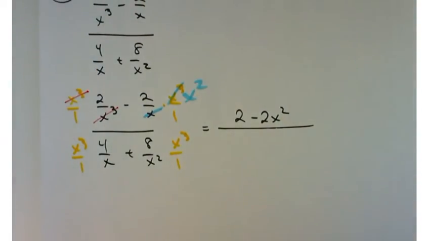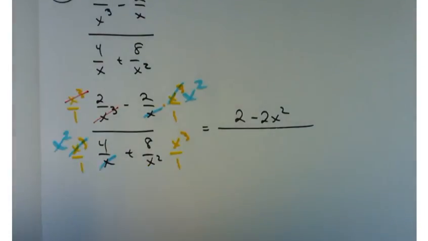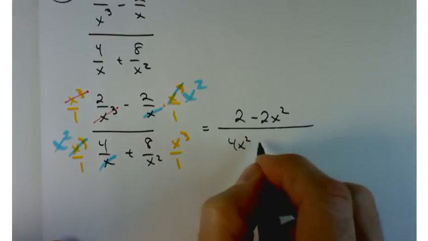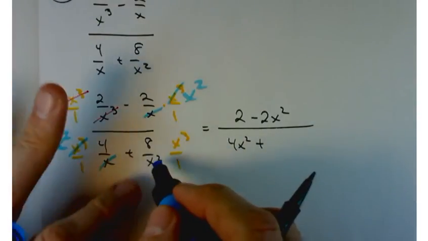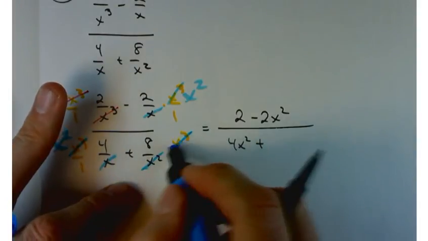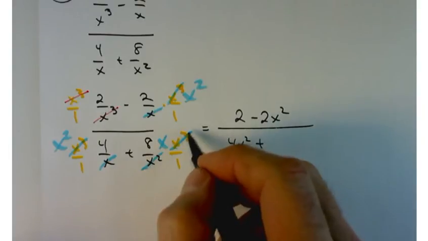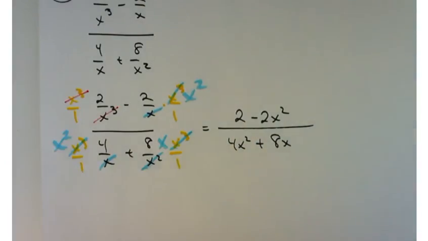In the denominator, x cancels completely. I'm left with an x squared. So x squared times 4, 4x squared, plus a little bit more here. This cancels, and it leaves behind just one x. 3 minus 2 gives me an x, so I'm left with an 8x.